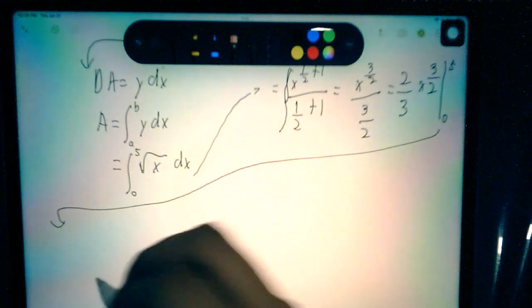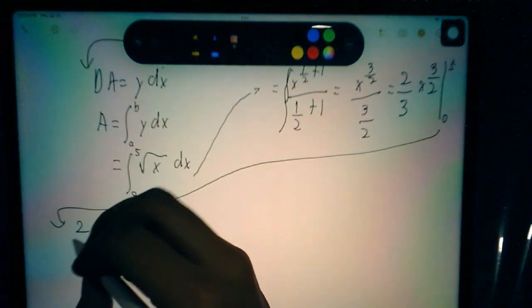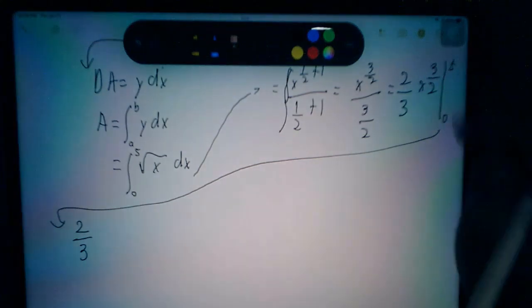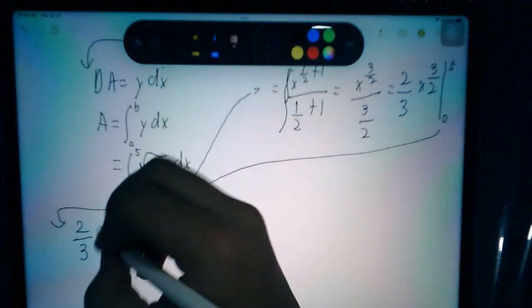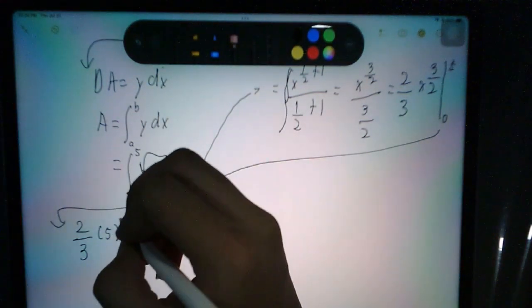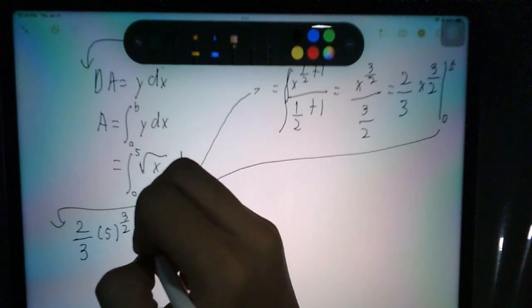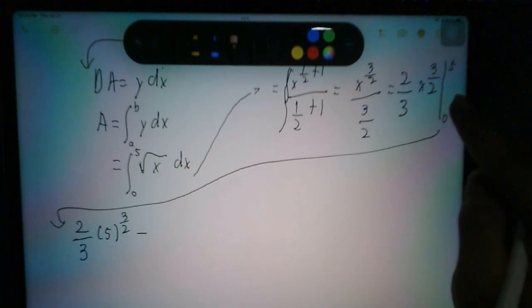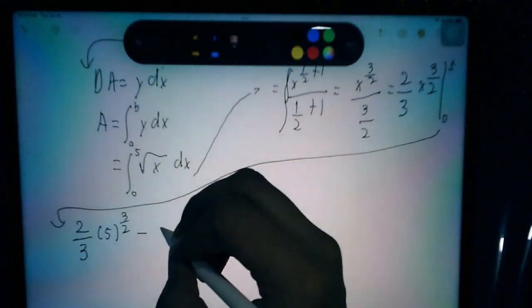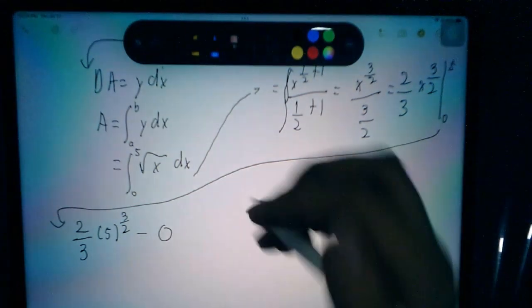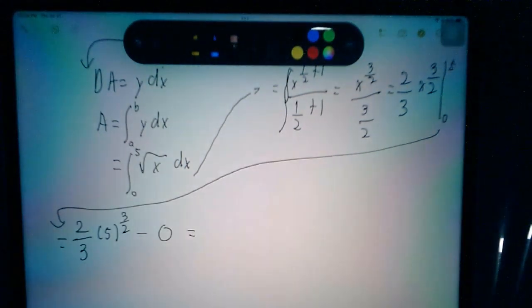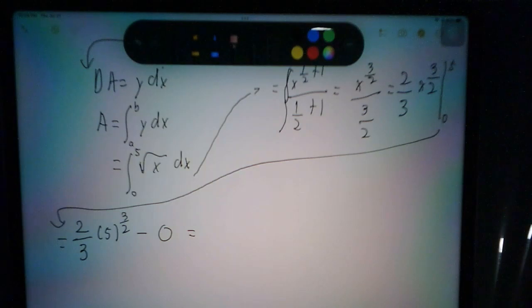So 2/3, by substituting our limits here, x is 5 raised to 3/2 minus, by substituting 0 here, our answer is 0. Now our final answer should be, well, let me get my calculator.